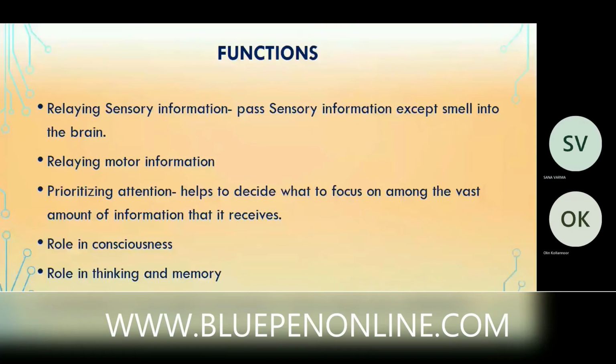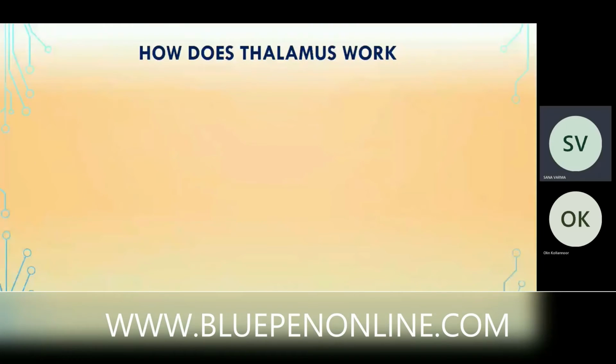Now, how does the thalamus work? That's what we said previously. The sensory information will travel through the nerve fibers. That is, the information from the sensory receptors passes through the first order and second order neurons, and finally reaches the thalamus.